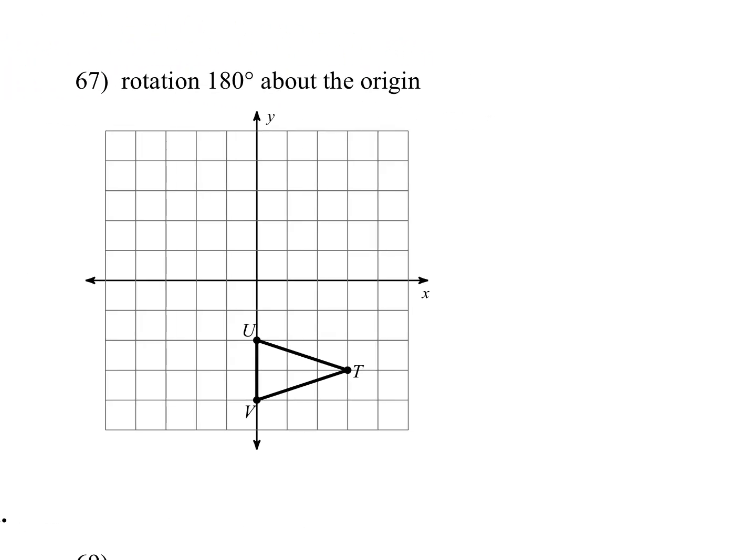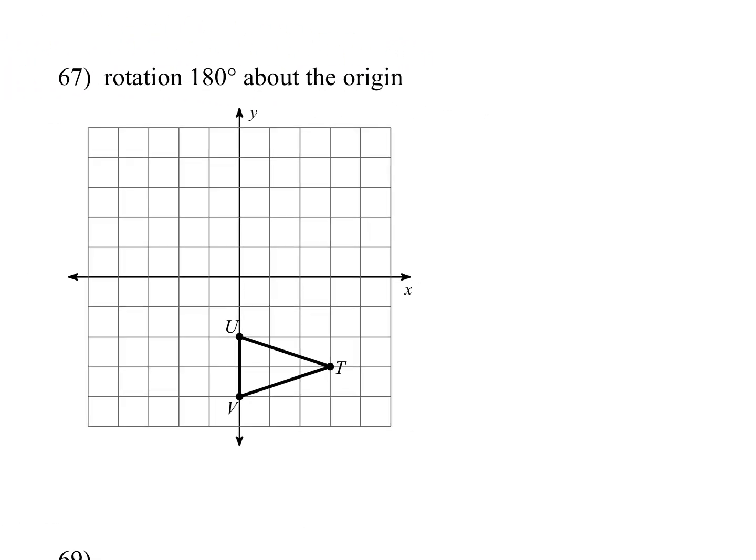Rotation, 180. What is happening to the original coordinate of xy when you're doing 180 degrees? You just switch the sides, right? So it turns into negative x, negative y. So on coordinate u, what is my u coordinate? 0, negative 2. What does my u prime coordinate turn into? Right. Do I want to flip them?